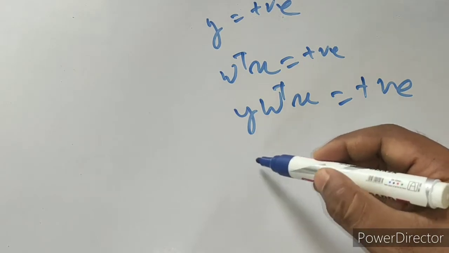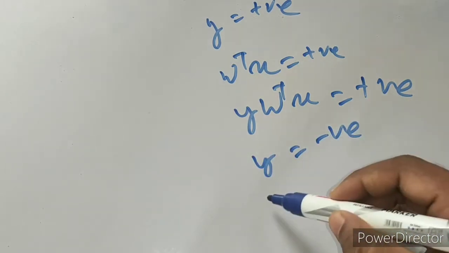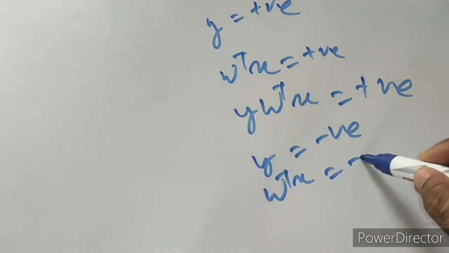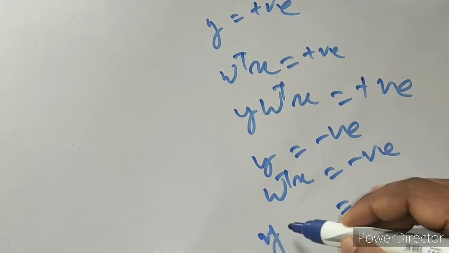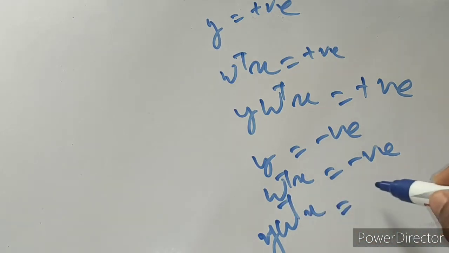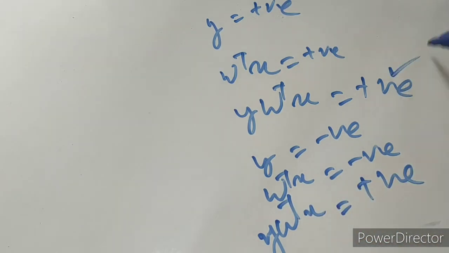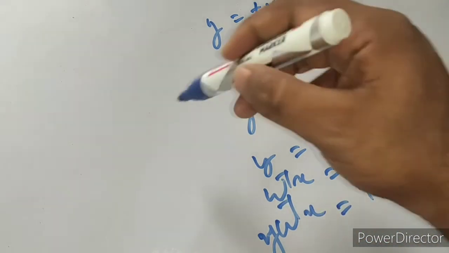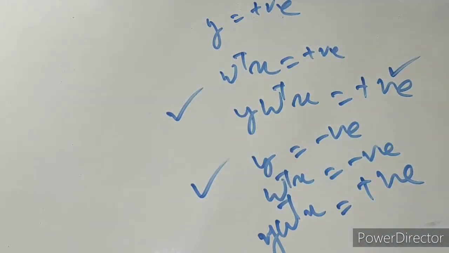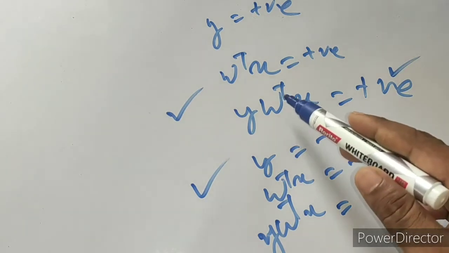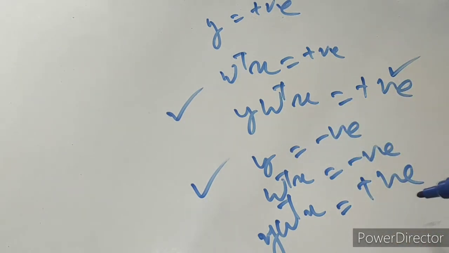If y is negative and WTX is also negative, then negative into negative, again y WTX is positive. So in both conditions, whether y is positive or negative, y into WTX becomes positive, so it is correctly classified.